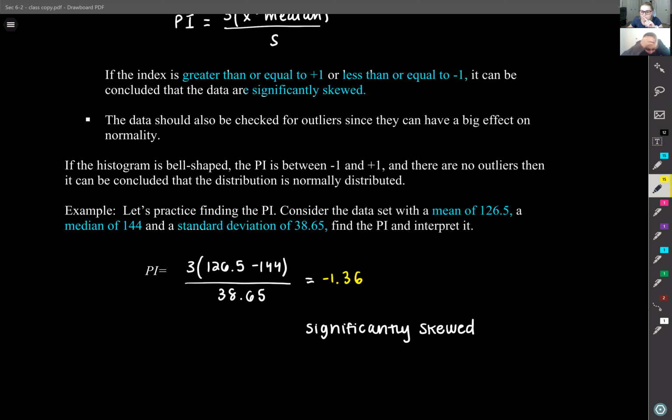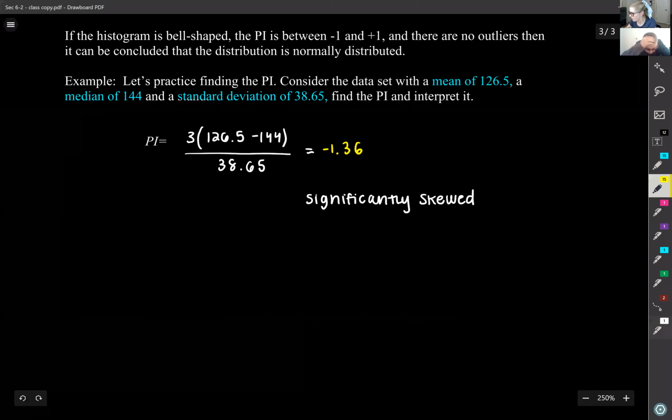Let me double check that in the textbook, but I think that's correct. Okay, yes, that's true. So let me write that down because that's a great thing to know.